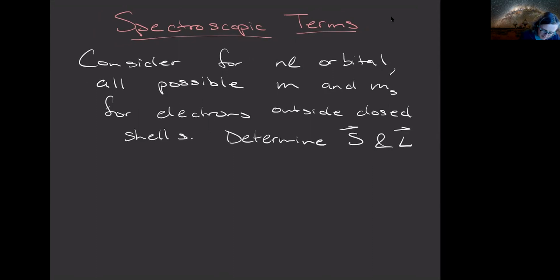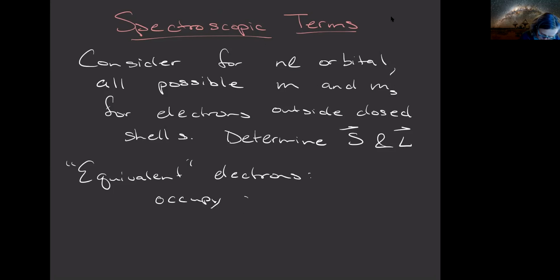Now, we can consider two different things, equivalent and non-equivalent electrons. Equivalent electrons are those that occupy the same nl orbital. So for example, 2p electrons occupying that one could be equivalent electrons.